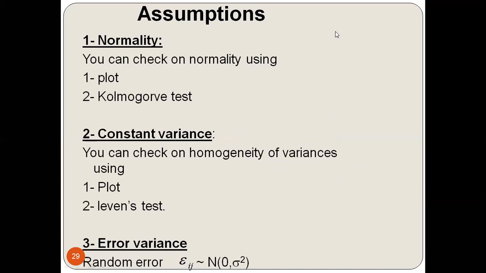Right. What are the assumptions? Can you remember in the first course we took some assumptions when we did pooled t-test, paired t-test, then we did regression. So here also we have certain assumptions to be taken. The first one is the normality assumption.